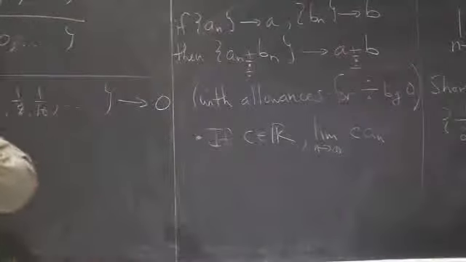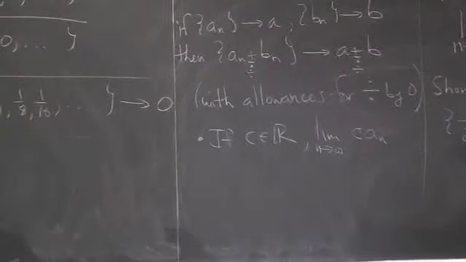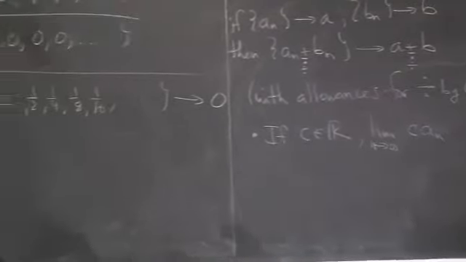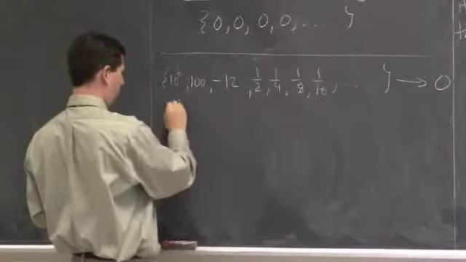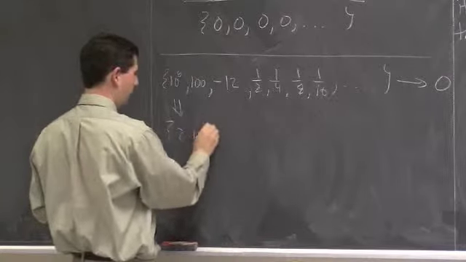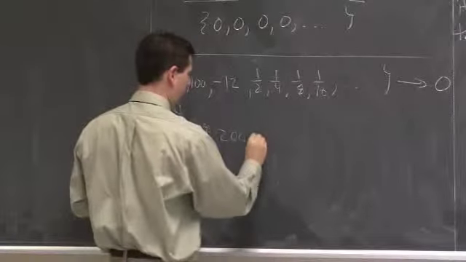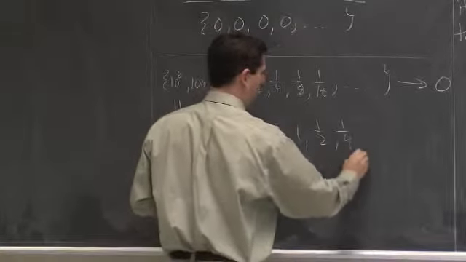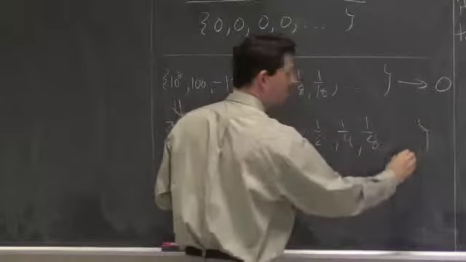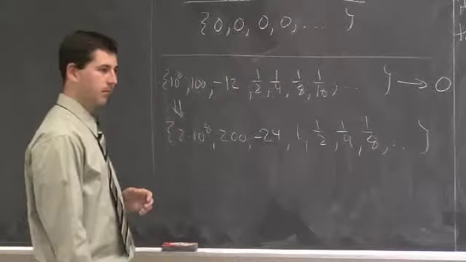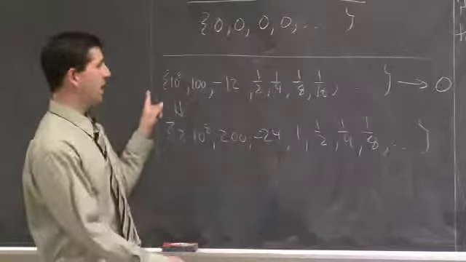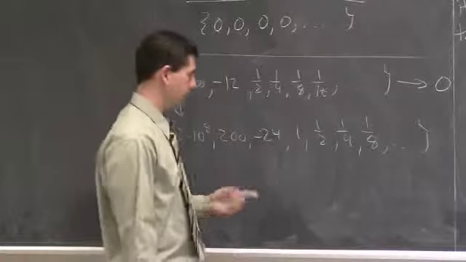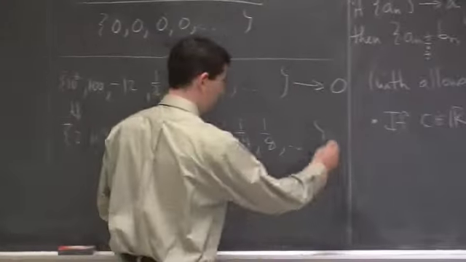For instance, I might take this sequence and multiply it by 2. So I can go 2 times 10 to the 8th, 200, minus 24, 1, a half, a fourth, an eighth, and so on. This is a new sequence, 2 times this sequence. What does it converge to? It still converges to 0 in this case.